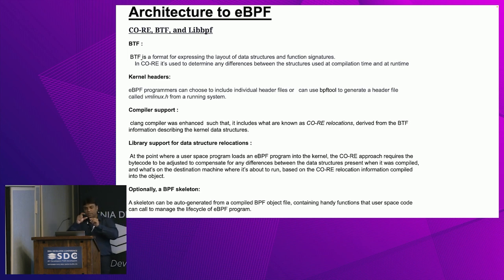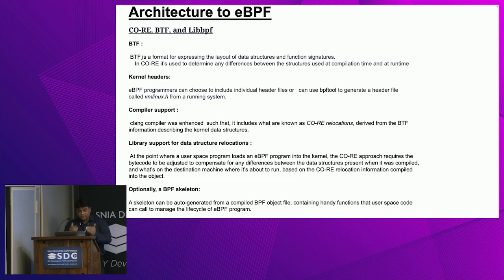There will be a section in the ELF where you can see the type of the data structure, the offset, and the types of those members. All that information is captured in those relocation entries in the ELF.